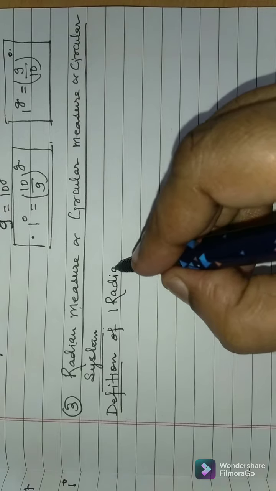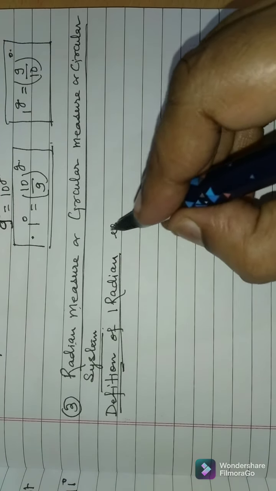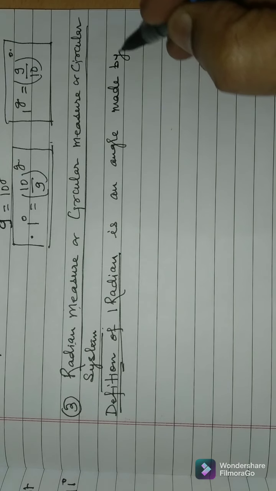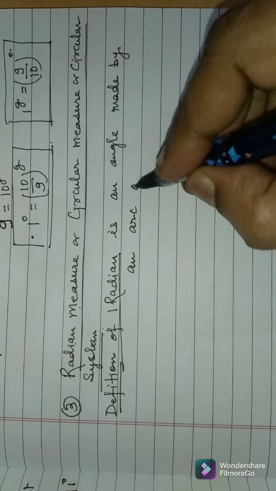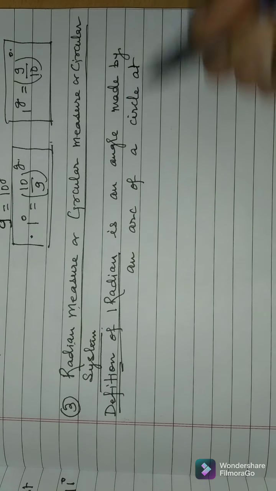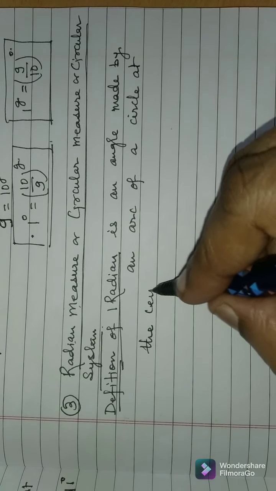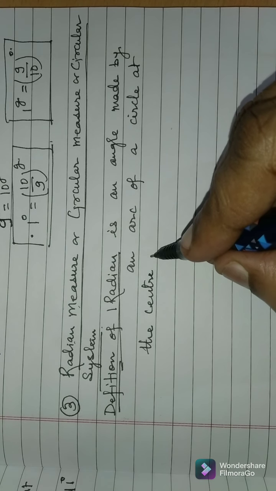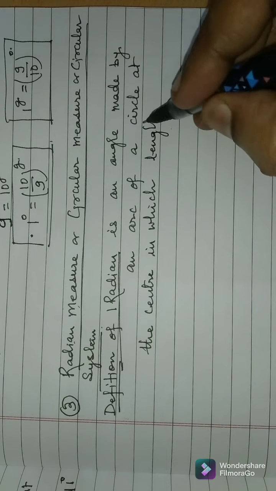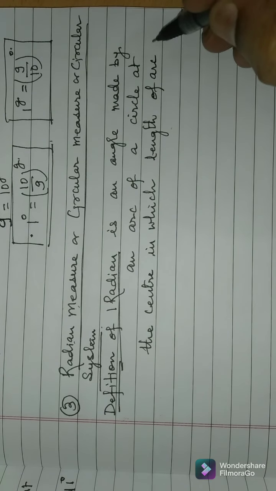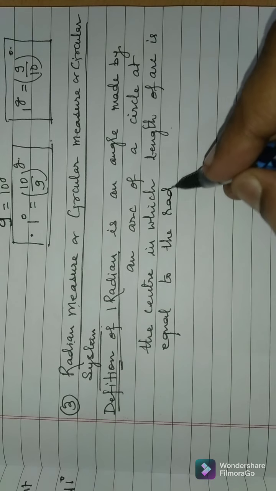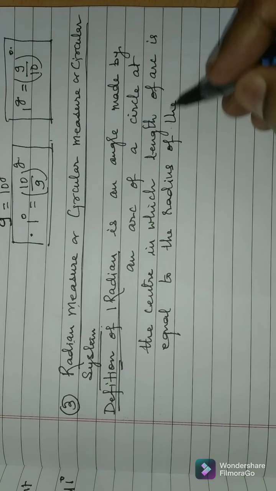What is 1 radian? 1 radian is the angle made by an arc of a circle at the center, in which the length of the arc is equal to the radius of the circle.